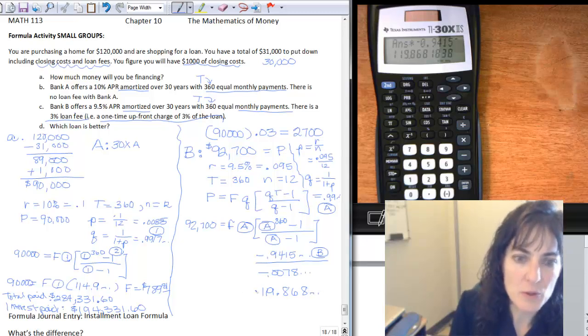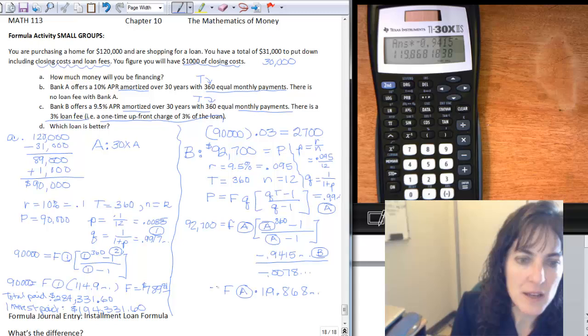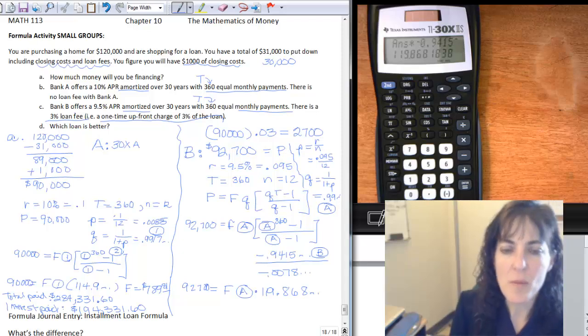I need to multiply that by what's in A, which was my Q, and then I will do the inverse of it and then multiply it by the 92,700. So I'm almost there.